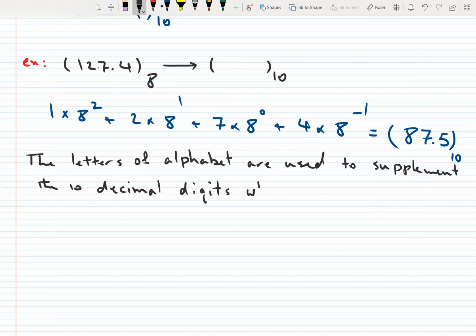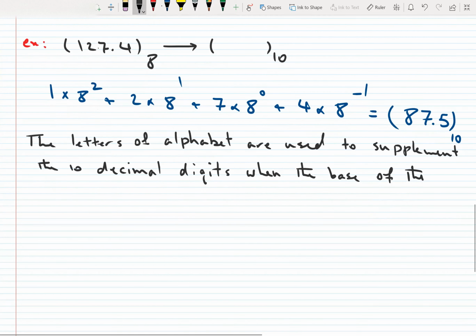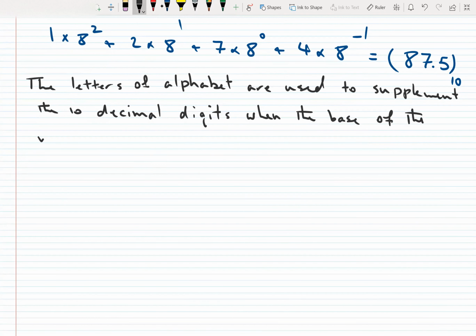when the base of the number is greater than 10.